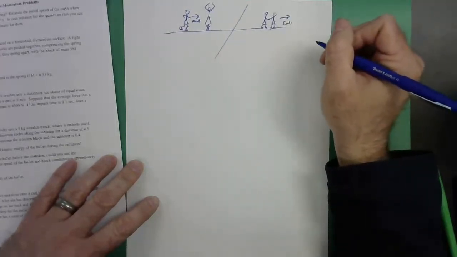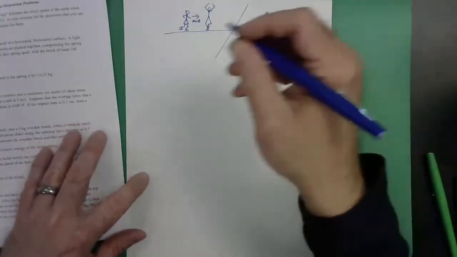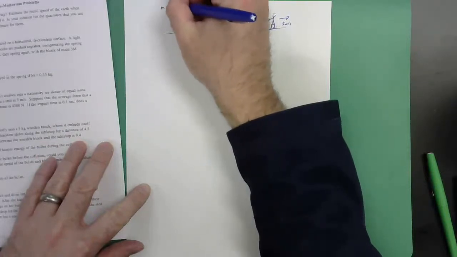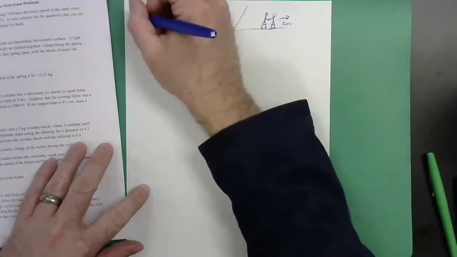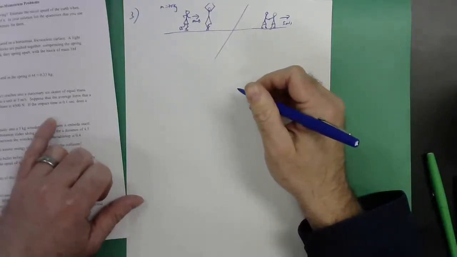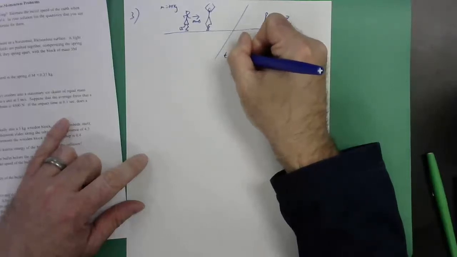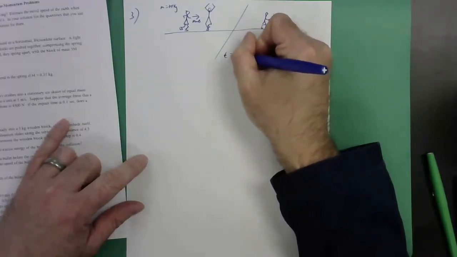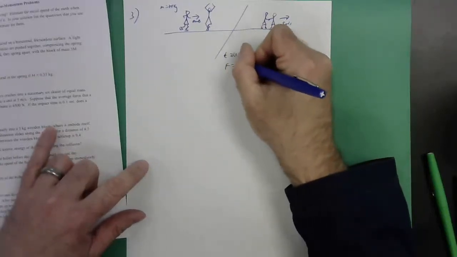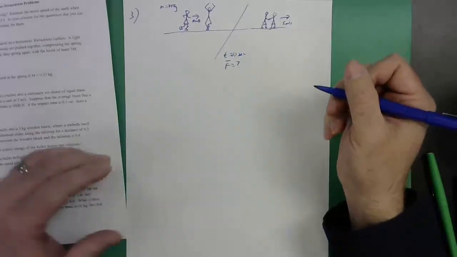And we know the masses are 75 kilograms each. And they tell us the impact time was a tenth of a second. And we want to know the force, the average force.